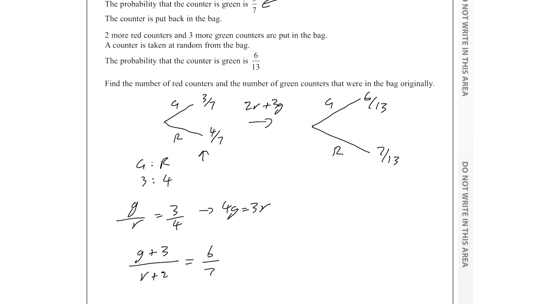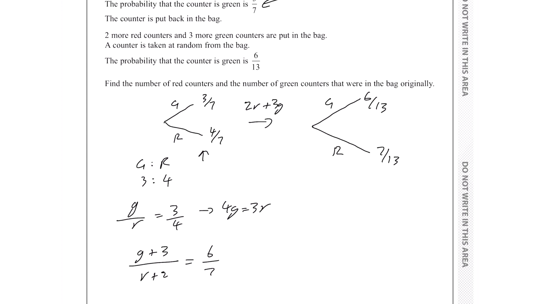Sorry, I'm just having to think myself. So they've added 3 greens. They've added 2 reds. So that becomes a 6 for the greens, because that's what the greens have become. A total of 7 from the first take.